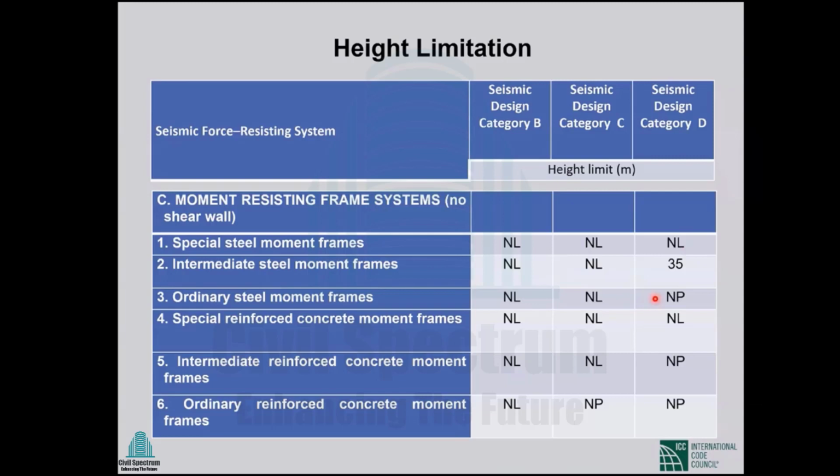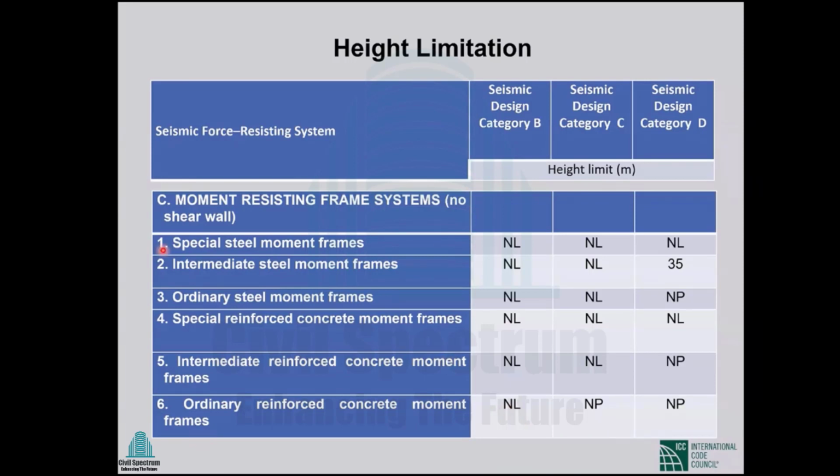Seismic design category C, you cannot make an OMF, that is not permitted in SDC C, but there is no limit for IMF or SMF. So that's why I said it corresponds to IMF. But there is no restriction on building SMF for seismic design category C. And for B, there is no limit for ordinary moment frames.